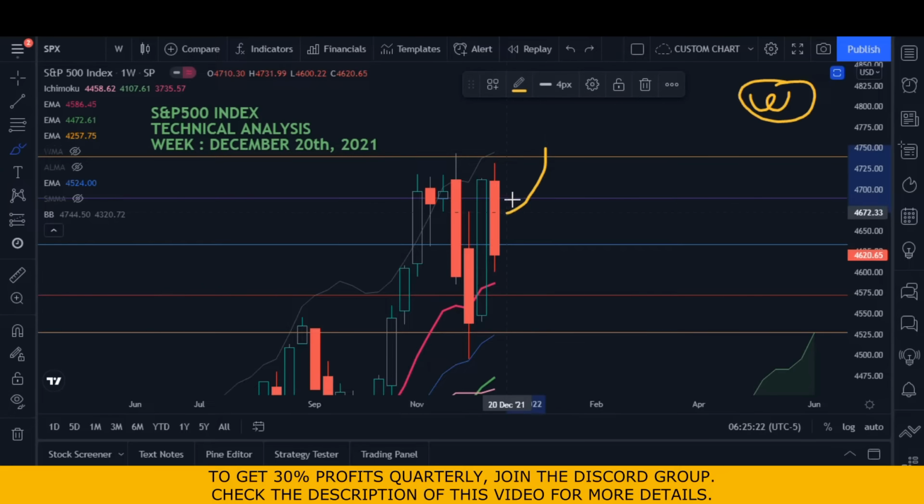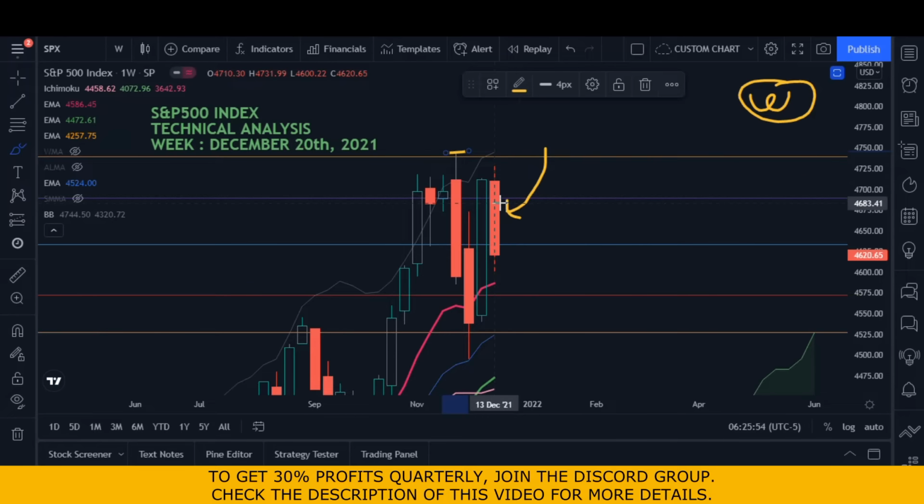If you look at the last candle, it's a bearish candle. This bearish candle failed to engulf the previous bull candle. Secondly, it failed to cross the high of the market that was made in the week of November 22nd. It failed to cross or close above the high of this particular candle.